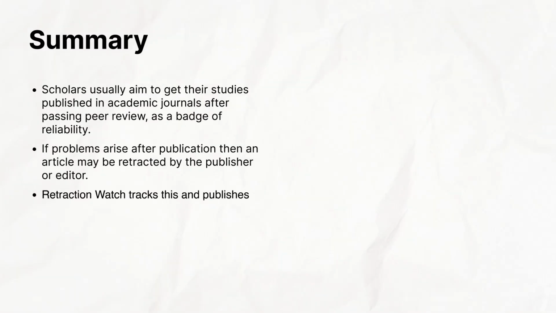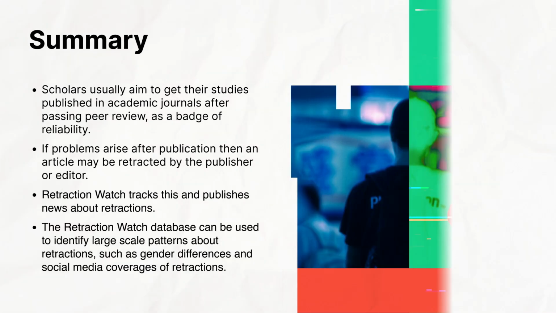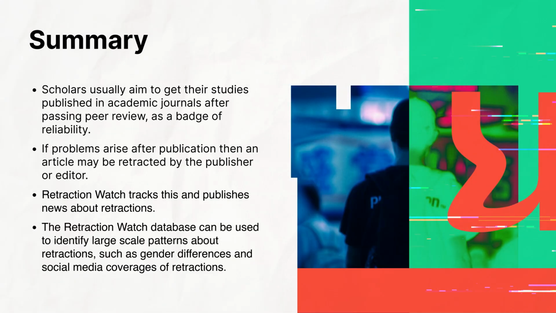Okay, so we've looked at the process of retraction and how a published academic journal article can get retracted if problems appear with it, and the retraction is usually completed by the editor of the journal or the publisher.